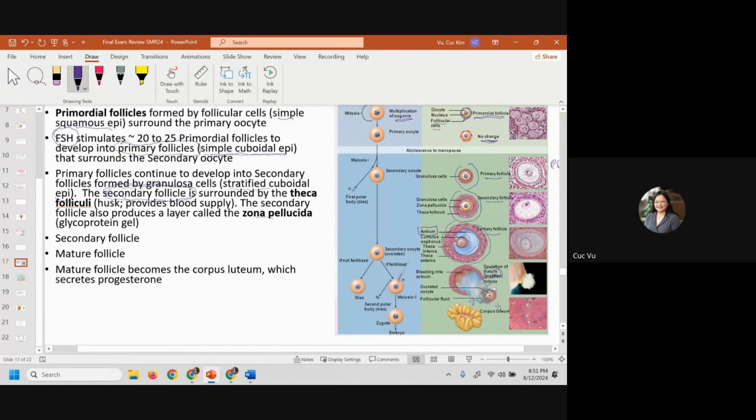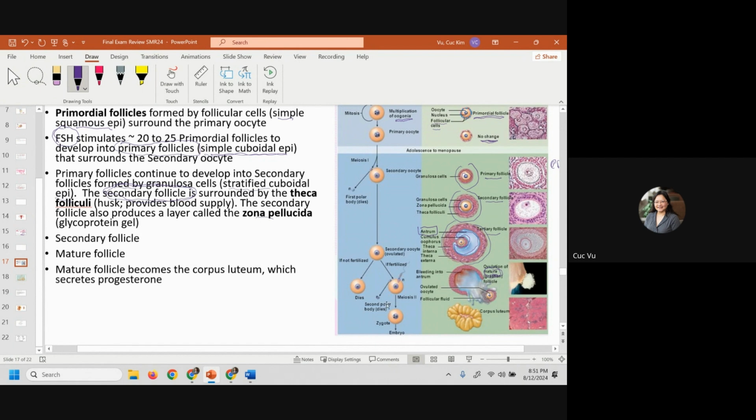The antrum is the space, and that space is filled with the glycoprotein gel. It starts being produced at the secondary follicle, but it really is a distinguishing character in the tertiary follicle.